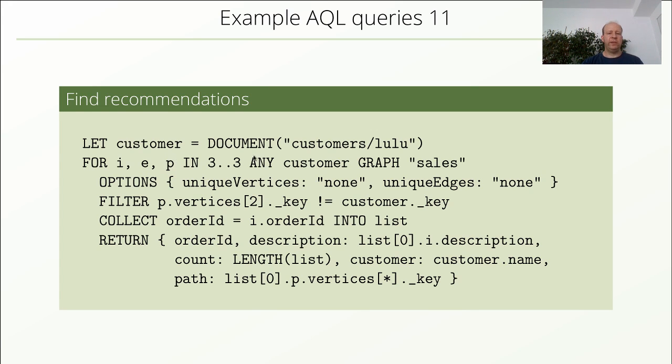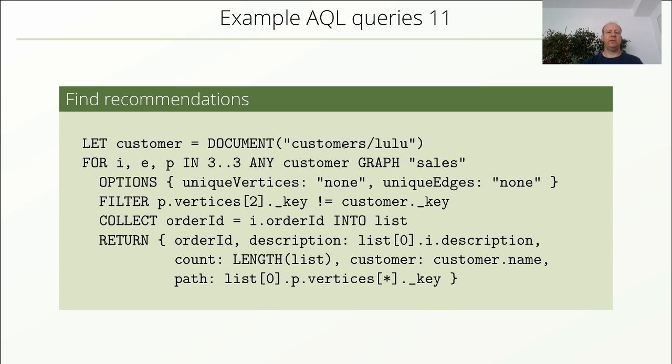So when I do this and the graph traversal finds all possible ways to go 3 steps from Lulu, the path has documents for the vertices and edges I visit along the way. And so therefore I can, for example, do a filter condition to say the third vertex on the path, that is after the second step, should not be identical to the key of the customer.